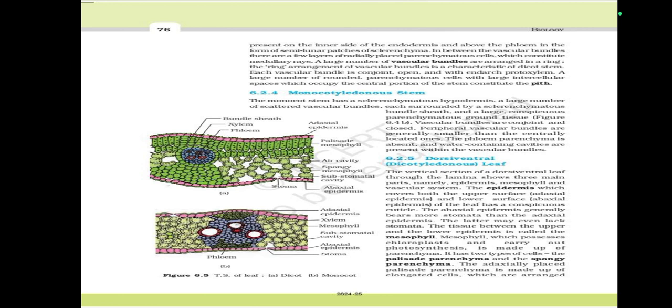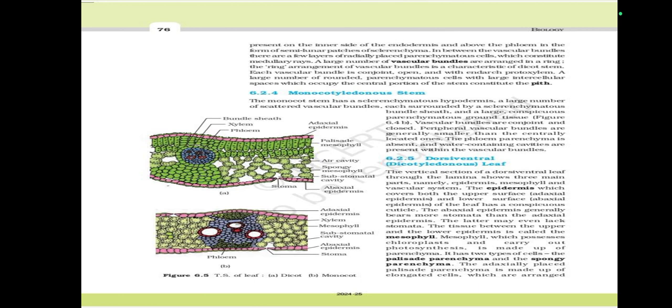Dorsiventral dicotyledonous leaf. The vertical section of the dorsiventral leaf through the lamina shows three main parts, namely epidermis, mesophyll, and vascular system.